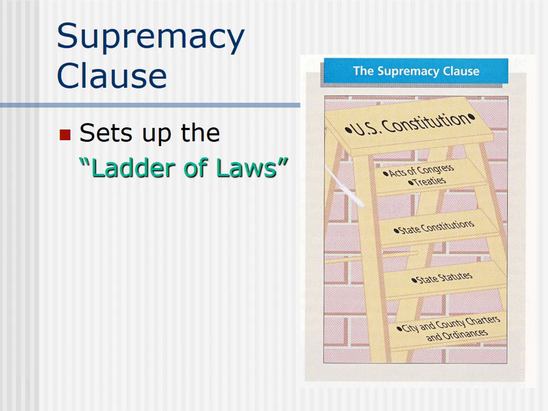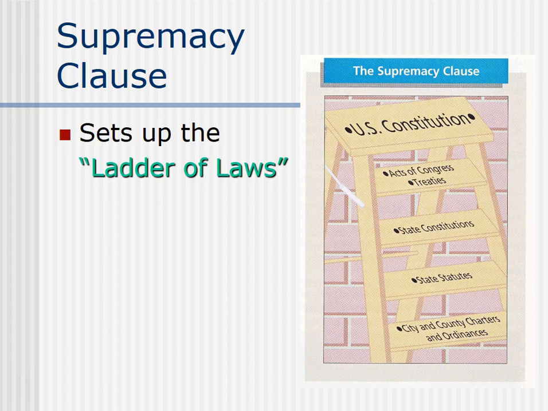One thing found in our Constitution is what is known as the Supremacy Clause, which sets up what is known as the ladder of the laws. And just like there are different steps or rungs on a ladder, there are different steps to laws in the Constitution. The United States Constitution is the supreme law of the land. There is no law that can violate the U.S. Constitution.